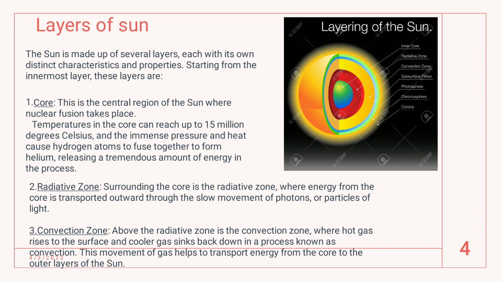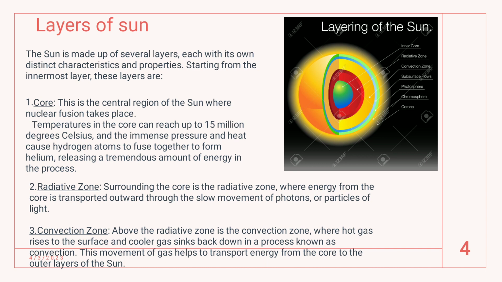After the core region, next comes the radiative zone. The energy which is produced by the core is transported upward through the slow movement of photons or particles of light.